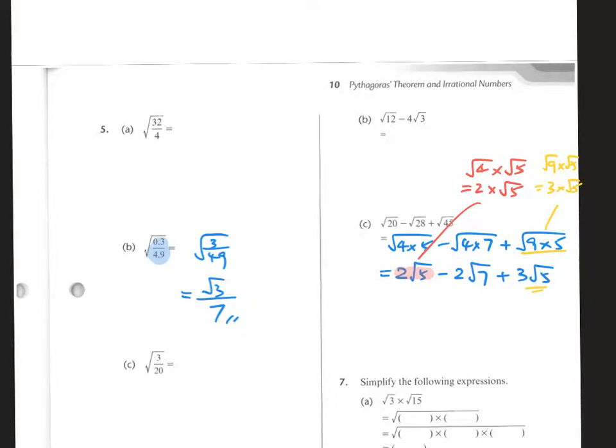Will it be easier for you? Hopefully it helps. So at last, the like terms 2 root 5 and 3 root 5 are put together, while the unlike term minus 2 root 7 is left behind. Now it's a subtraction, and root 5 and root 7 are different, so that's all for the answer.